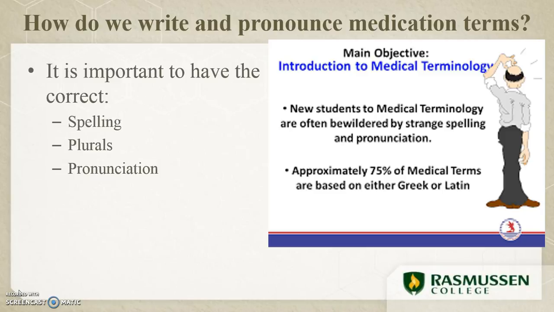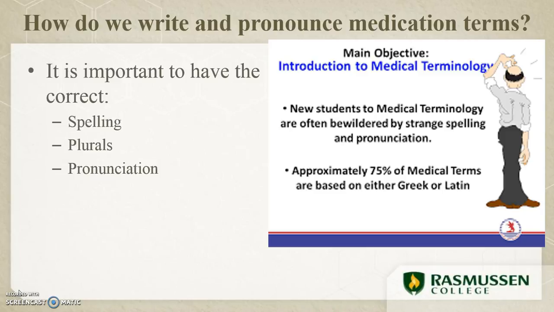All right, so the last part of this chapter is talking about the importance of not only understanding how to write medical terms, but also how to pronounce them. It is important to have correct spelling, understanding of the plurals, and pronunciation. So with spelling, it's important in any language, but it's especially important when we're talking about medical terminology. Poor spelling reflects poor care and then lacks in professionalism.